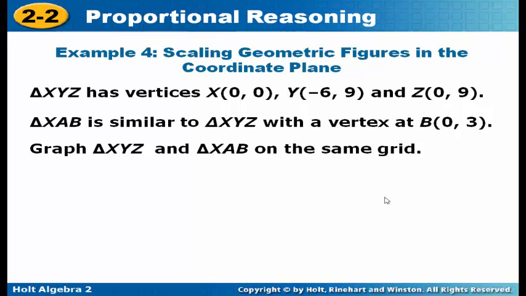Triangle XYZ has vertices X (0, 0), Y (-6, 9), and Z (0, 9). Triangle XAB is similar to triangle XYZ, with a vertex at B (0, 3). Graph the two triangles on the same grid.